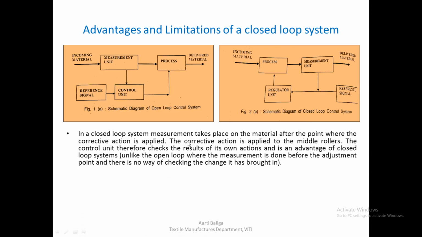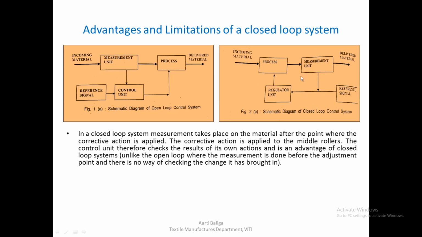So in a closed loop system, measurement takes place on the material after the point where the corrective action is applied. The corrective action is applied to the middle rollers. The control unit therefore checks the results of its own action, and this is an advantage of the closed loop system. As we said earlier, in the closed loop system there is a continuous process of checking, regulating the process, then again rechecking the effect of its action, then again regulating, and so on.